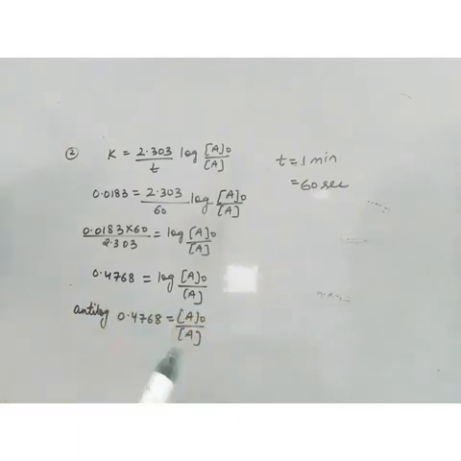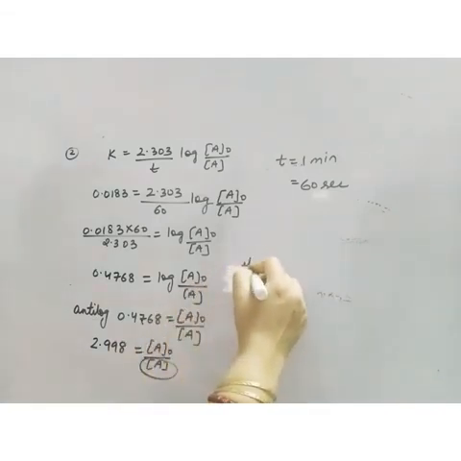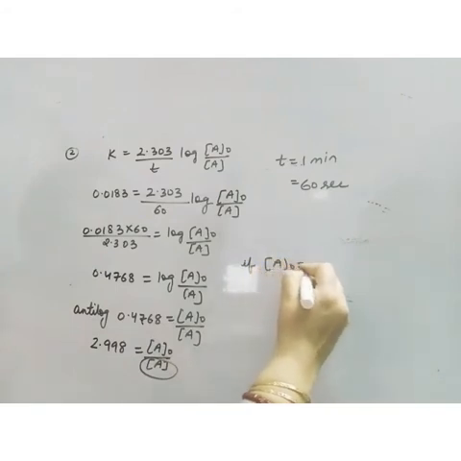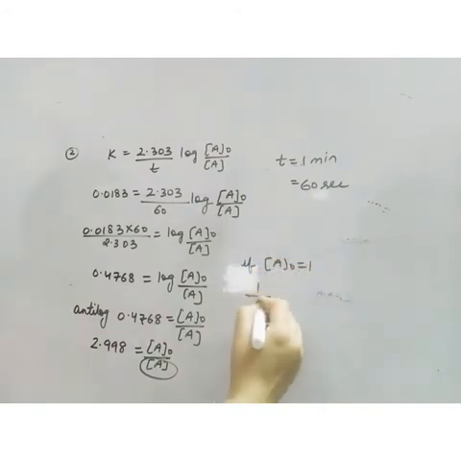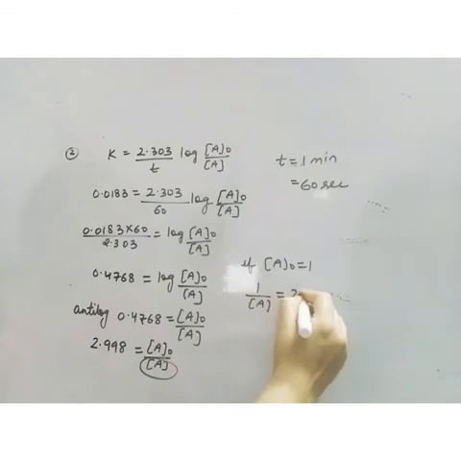So we'll look into the antilog table. 0.47 at 6 and 8. So the value is, now we have to find out what fraction is remaining behind, means we have to calculate this A. So suppose A0 is 1, okay, so 1 upon A is 2.998.